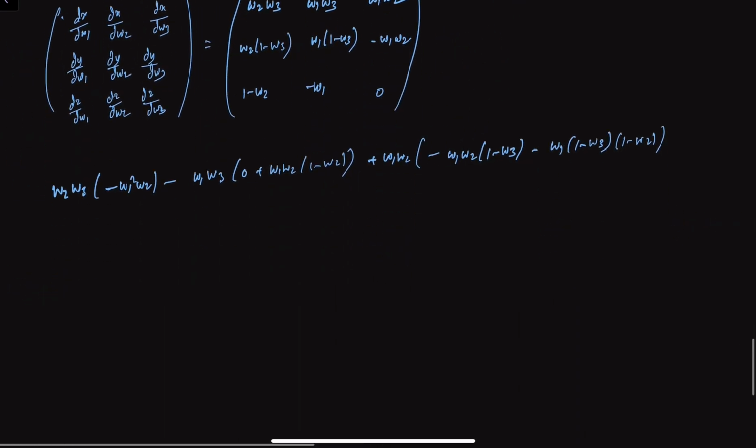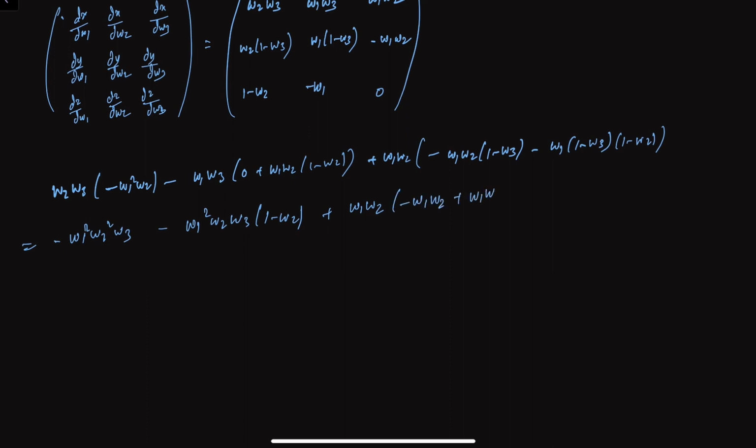Expanding, this is minus W1 square W2 square W3, minus W1 square W2 W3 into (1 minus W2), plus W1 W2 into (minus W1 W2 plus W1 W2 W3), minus W1 into (1 minus W2 minus W3 plus W2 W3).